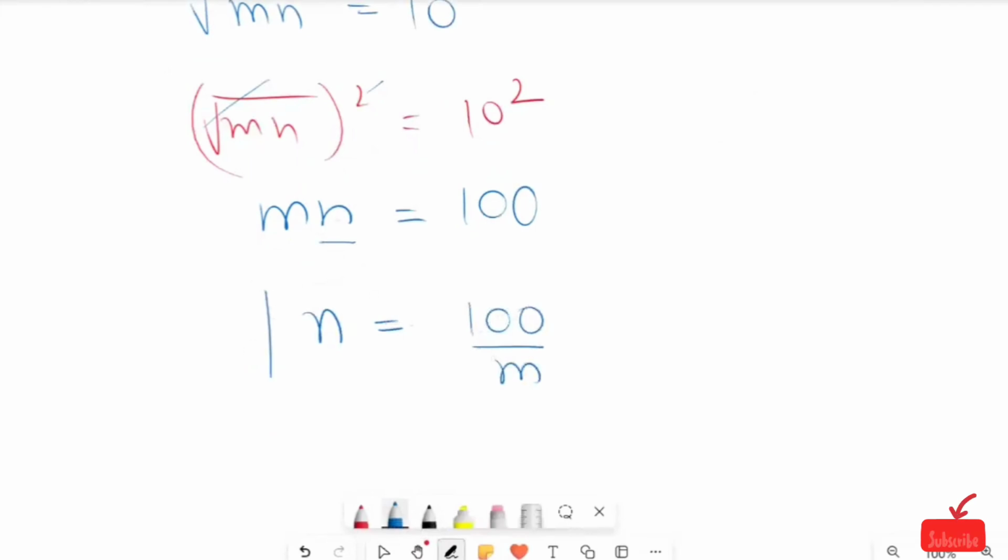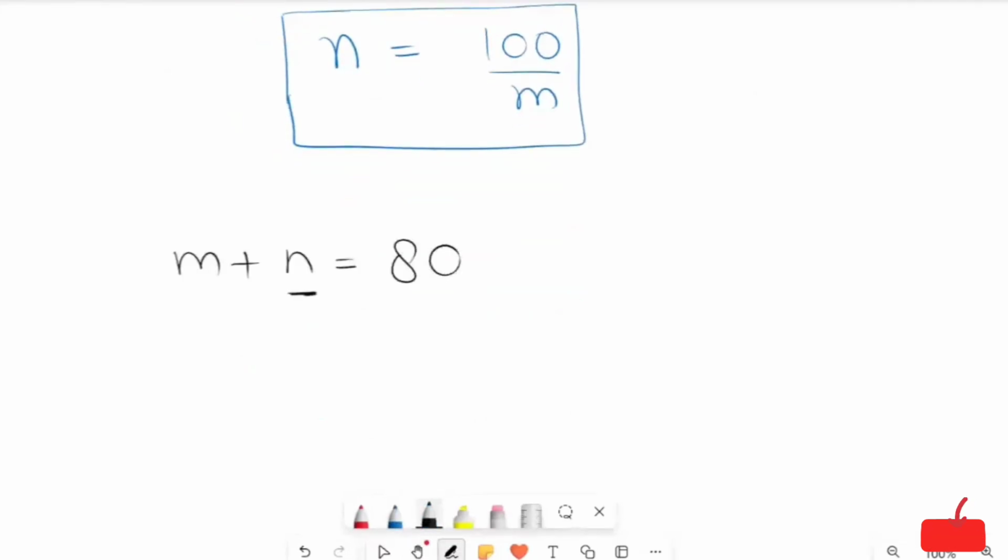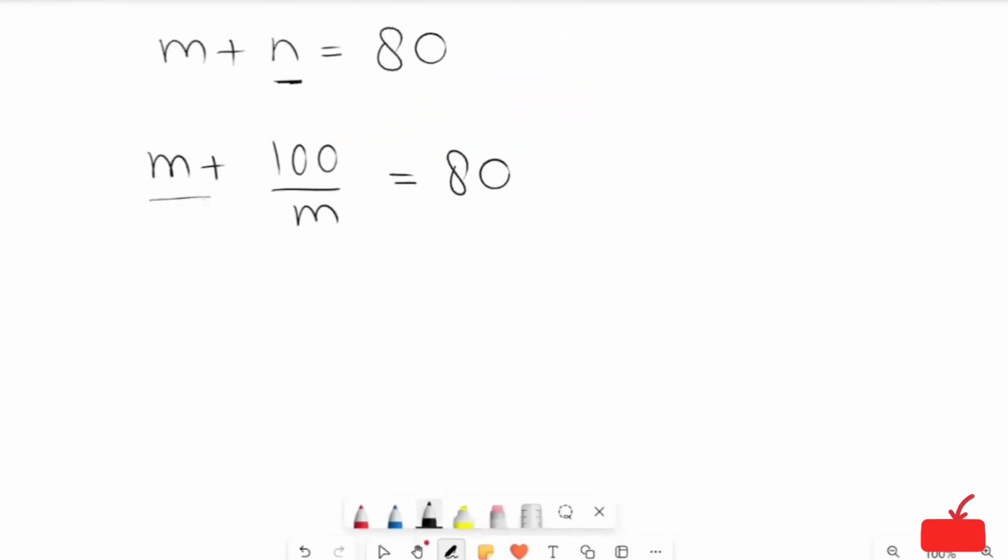Now I am going to plug in this n value in our equation A, so here I will write the equation m plus 100 over m is equal to 80. Now I am going to take the LCM, which is m, so here m square plus 100 over m is equal to 80.